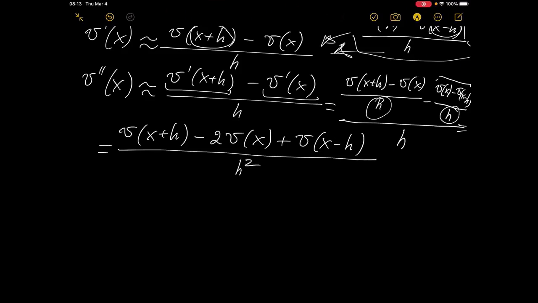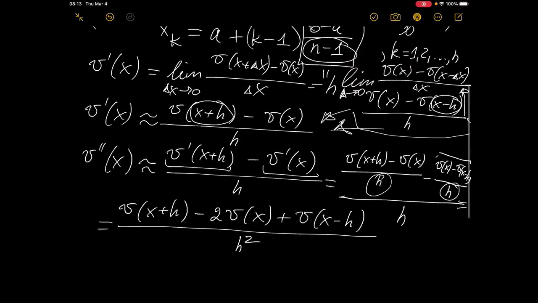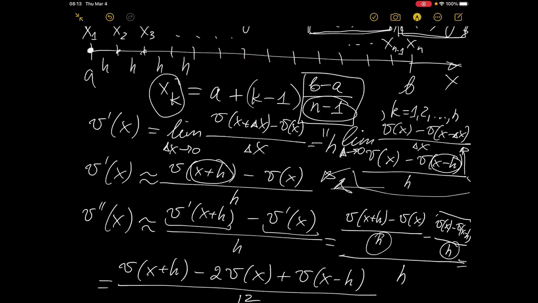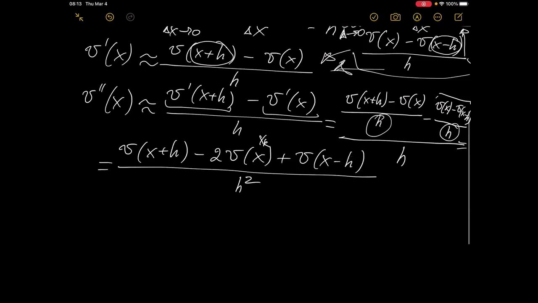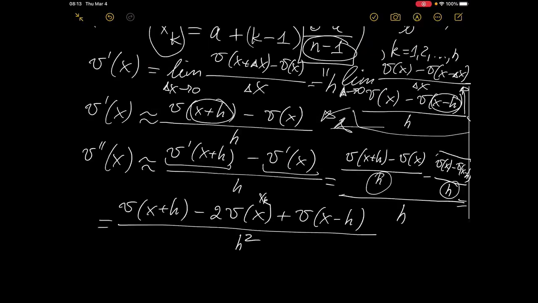I will have this. Okay, now if I remember the discretization, what does it mean? If here, for example, I have xk, the grid is homogeneous, so xk plus h will be nothing else but xk plus 1, right?